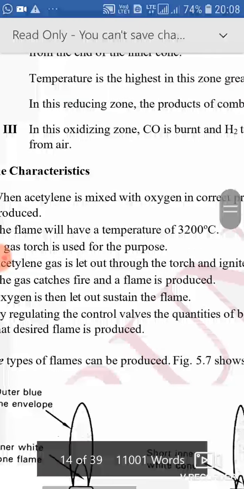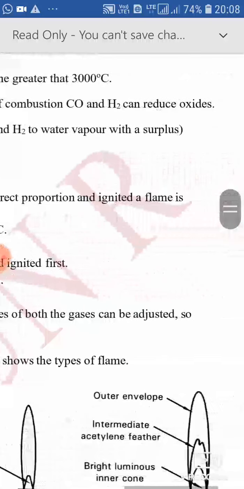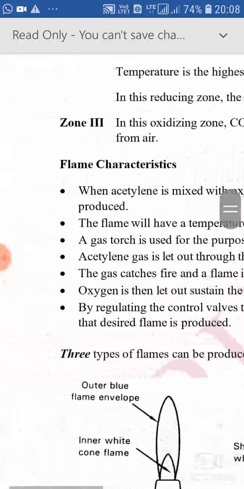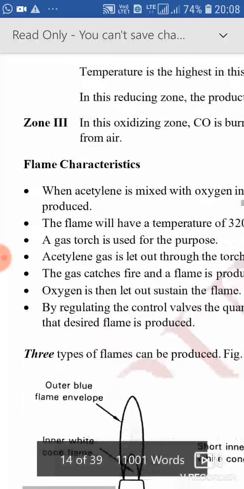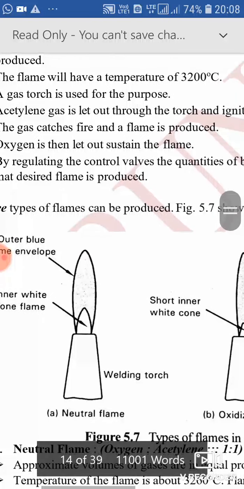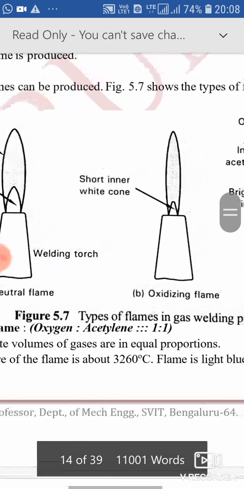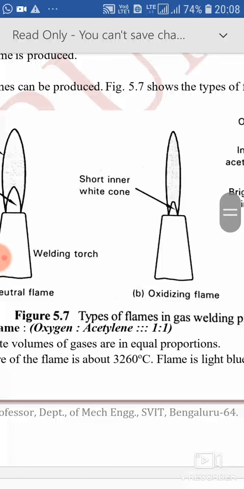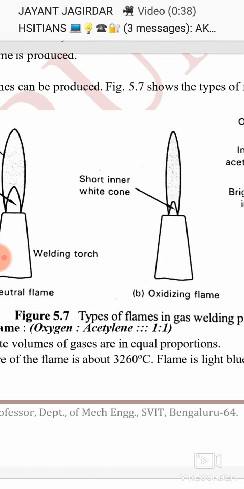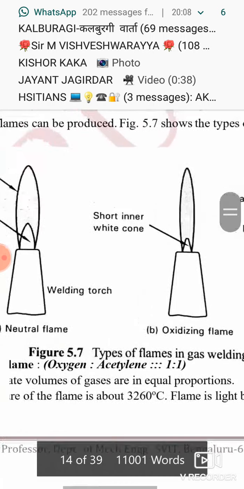By regulating the control valve, the quantity of both gases can be adjusted so that the desired flame is obtained. Three types of flames can be produced by the oxyacetylene welding process. Those are as follows, and they are shown with the sketch in figure 5.7 below. Types of flames.